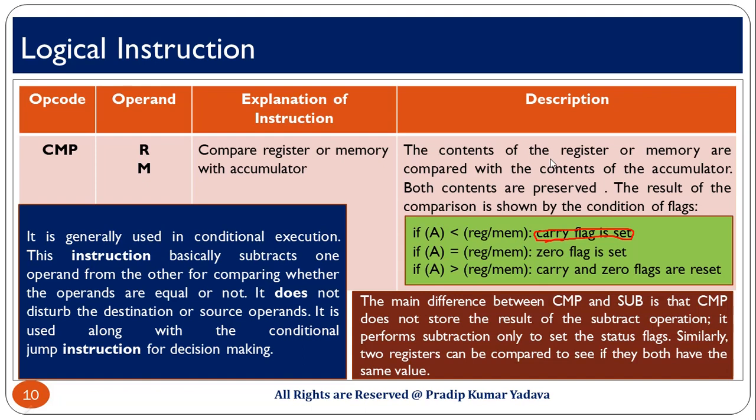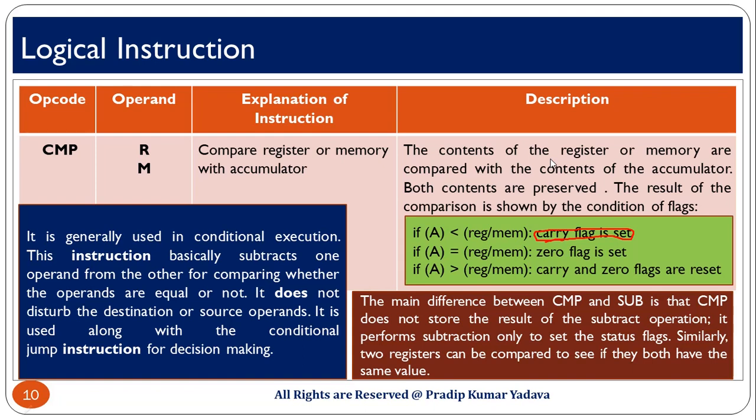Now a question arises when we talk about the compare instruction: what is the main difference between compare and subtraction? Because in compare we are also subtracting the given content from the accumulator, and in subtraction we also subtract the given content from the accumulator.